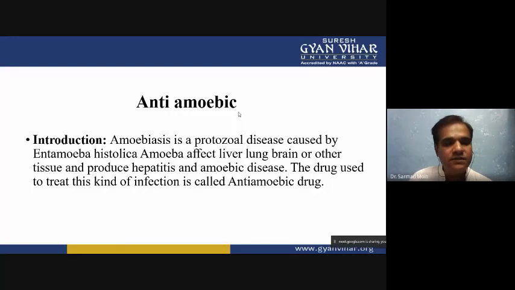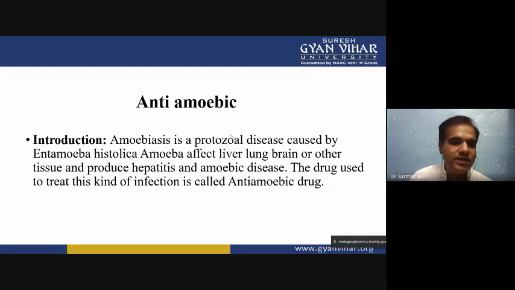Primarily it is effective on the intestine, and later in the secondary infection it affects nearby organs like the liver and kidney, and then travels to other tissues. So it produces hepatitis and amebic disease.